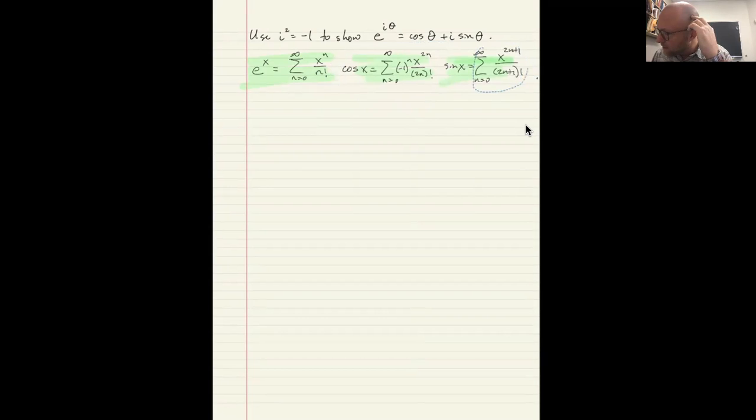Were it not for that -1 to the n portion, this would very much look as though we could just split things up into those two pieces, into the even terms and the odd terms.